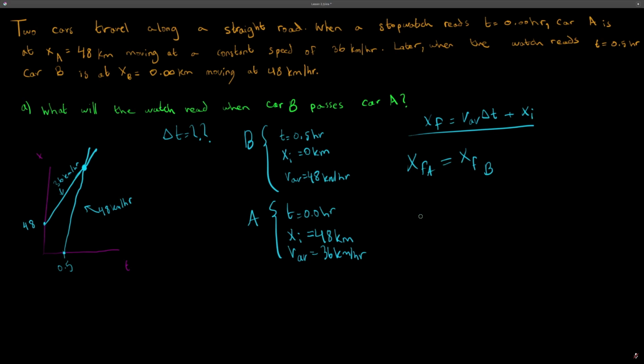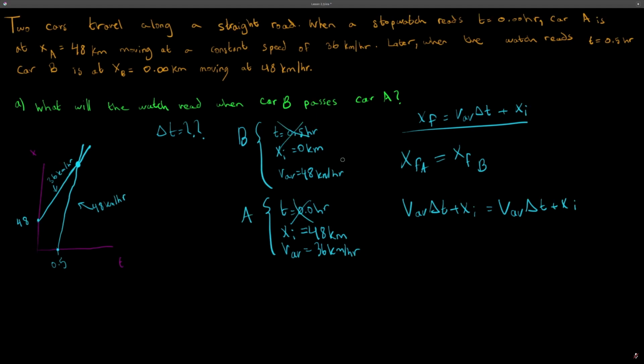So if we substitute, v average times time plus x initial for one car is equal to that of the other car, and we can calculate the time. We can just start with B here. We substitute the average, so 48. We want to find the time, so we don't use the time yet. Then plus x initial, which is 0.